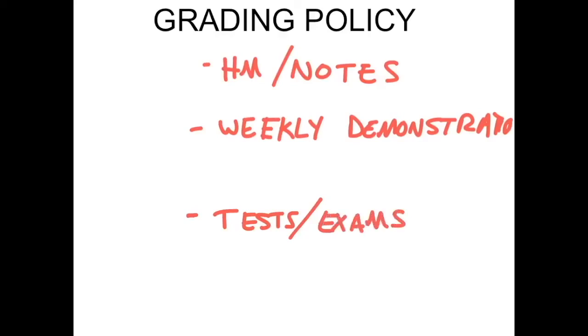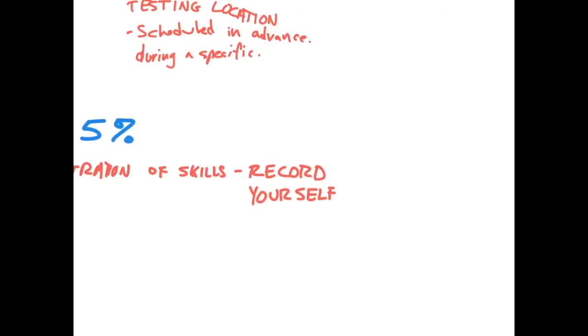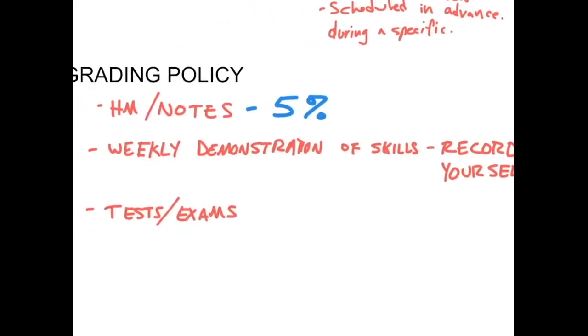Within each of these, your homework and your notes accounts for 5% of your grade. This is weighted. The weekly demonstration of skills, when you record yourself, is a whopping 35%. Tests and exams are going to be 60%, sorry.